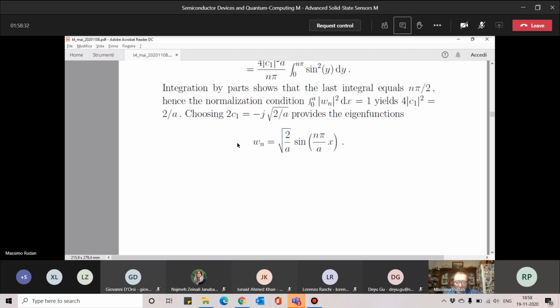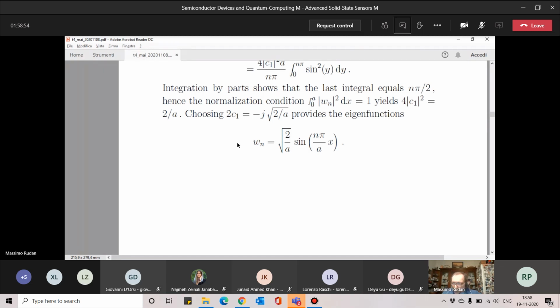So in this problem, there is a one-to-one correspondence of the eigenvalue with the eigenfunction. For each eigenvalue, there is one and only one eigenfunction. This is not always the case.